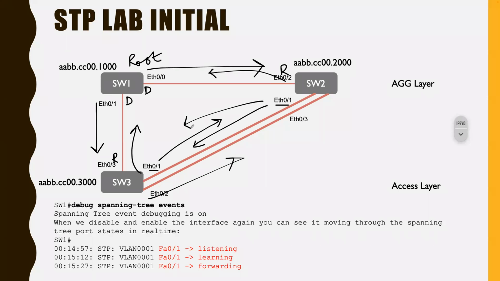But Gaurav, if you see in the lab for the same diagram, I think switch 2 E0/1 and switch 3 E0/1 are DP port, and the switch 3 ones are blocked.